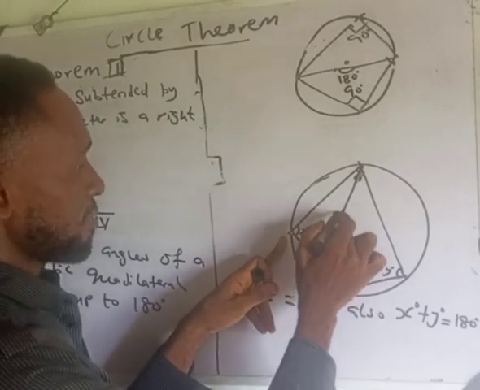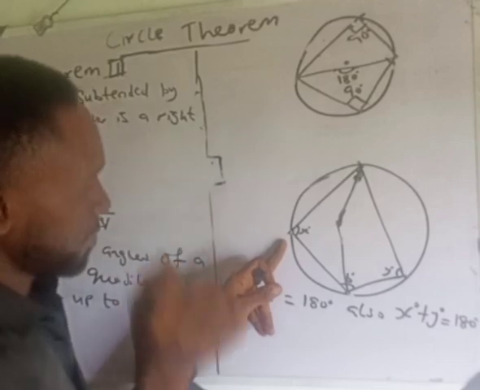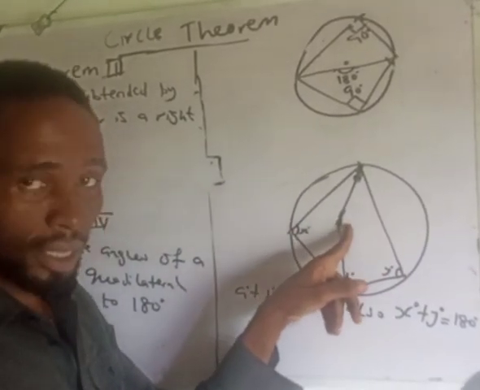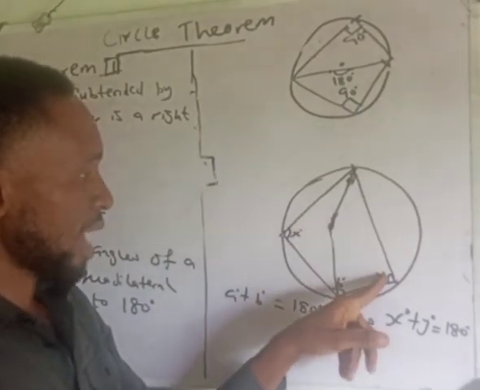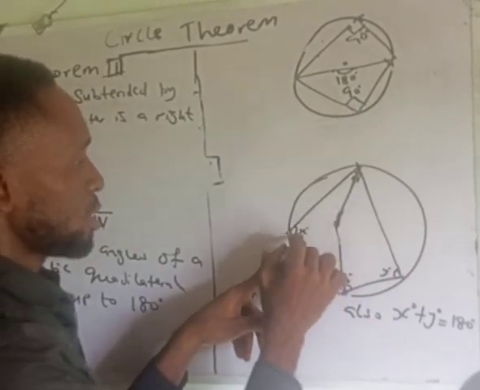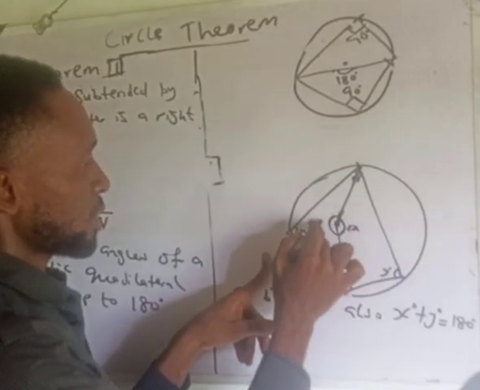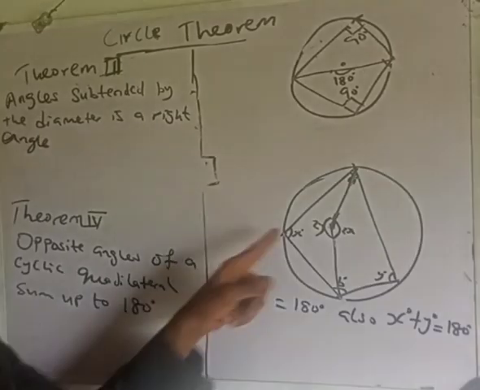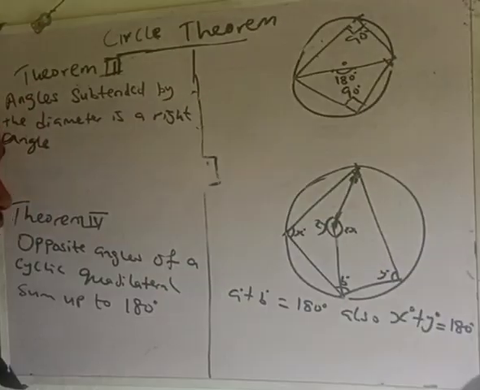So what I have here, this will subtend this at the center. This x will subtend 2x here, and this y will subtend 2y here. Is that okay? So you can see that 2x plus 2y is equal to 360 degrees, right?